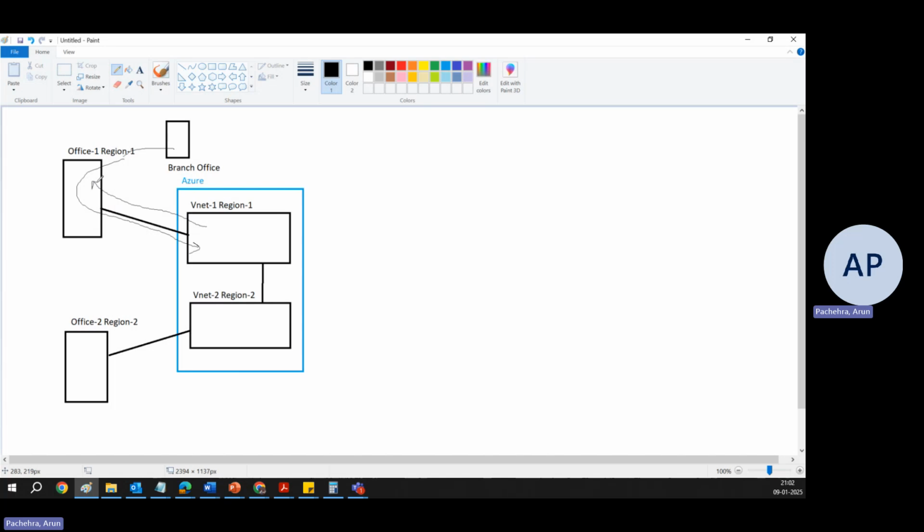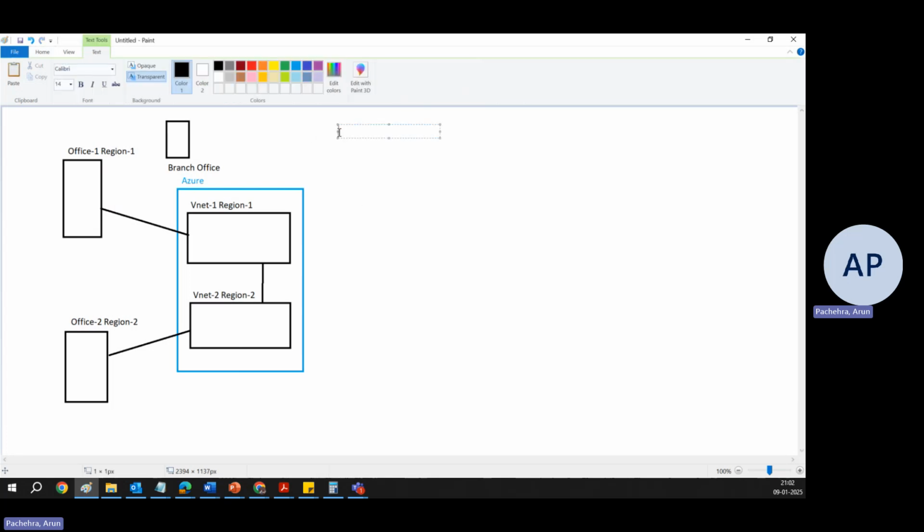So there are multiple ways they design, but the point is it is multinational in different regions, and the ask is, because it is an enterprise running finance related, revenue related, money related applications, right? So they need secure and low latency connectivity.